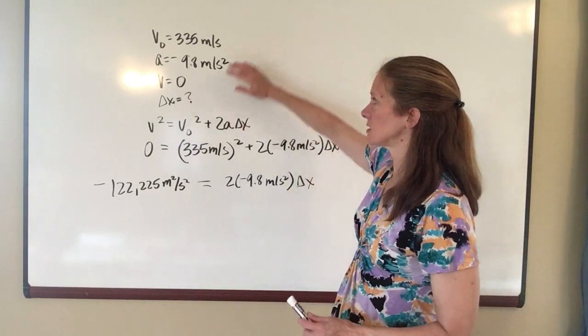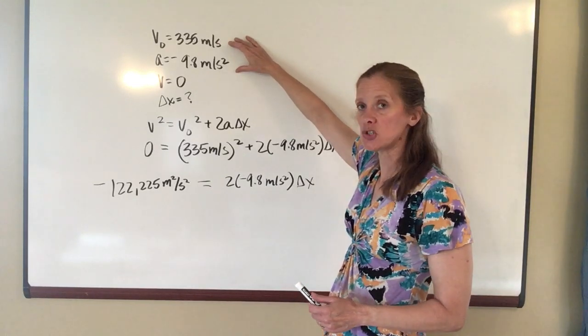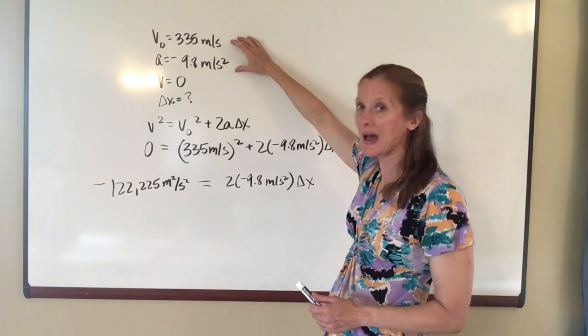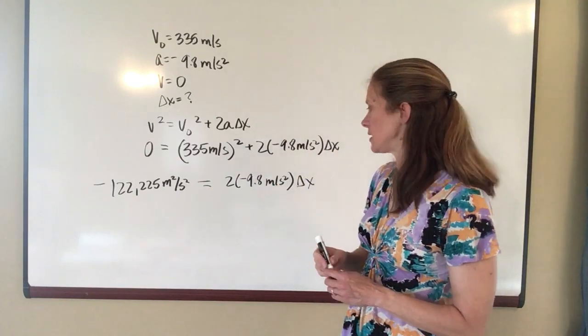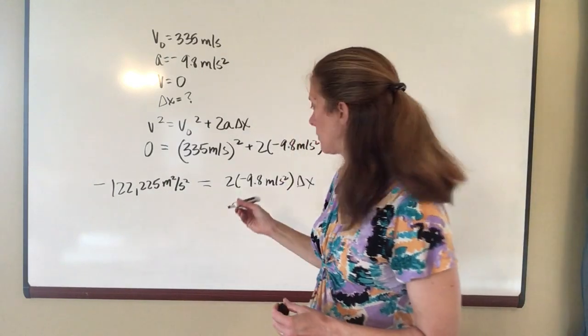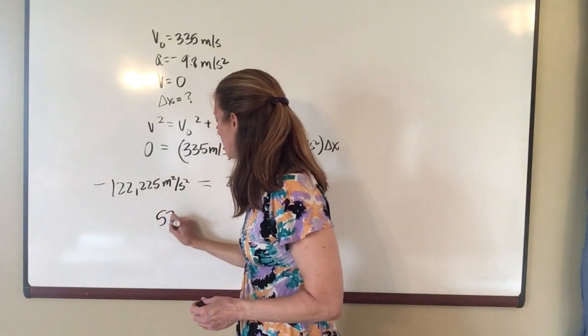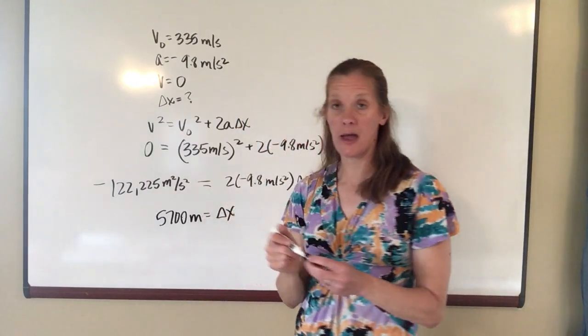Because it's moving one direction, but the acceleration due to gravity is the other direction, they have to be opposite signs. So it's crucial that this number ends up being negative. Okay, so when I divide that out, I end up with 5,700 meters for my delta x.